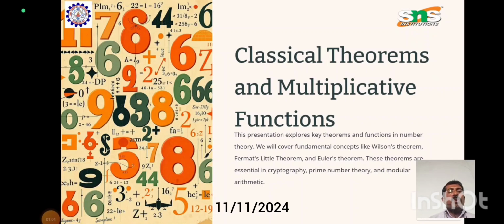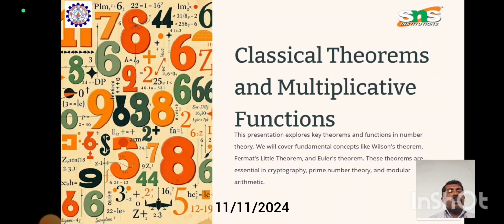Suppose we want to understand the remainder of a big term with a power, for example 24 power 2020 or 2021 or 3000, when divided by some prime number. Each researcher, maybe Wilson or Fermat, has worked and produced their own ideas.